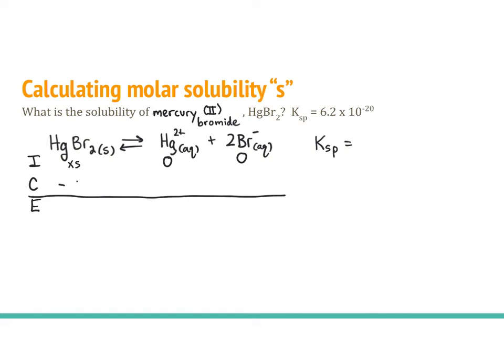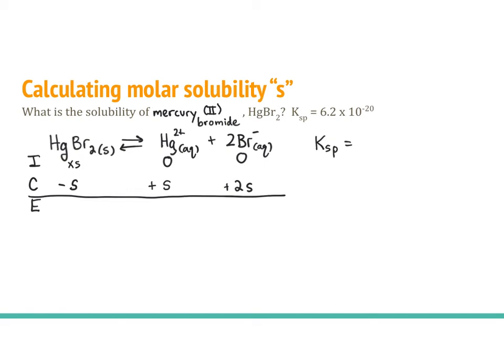So we're going to use S here because we're talking not just about any old X, but this change actually has a name. It's called the molar solubility. So for every 1 mole of mercury bromide that dissolves, we gain 1 mole of mercury 2+ ion in the water, but we gain 2 moles of bromide ion.